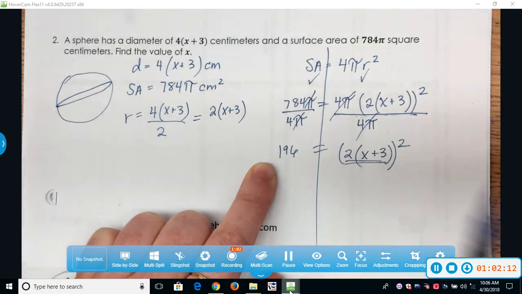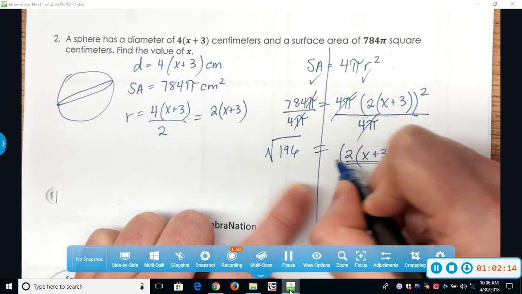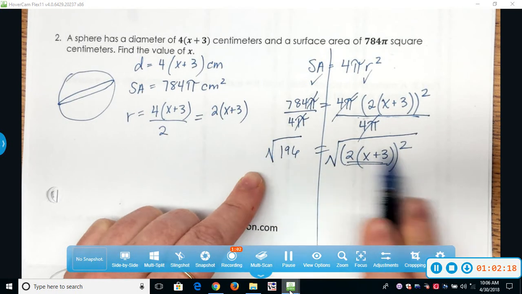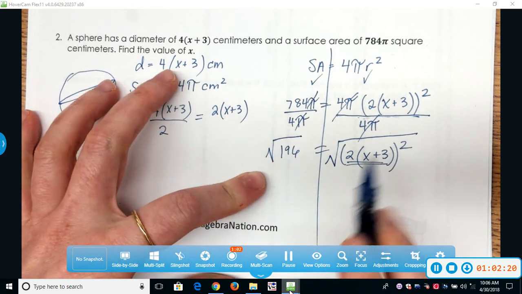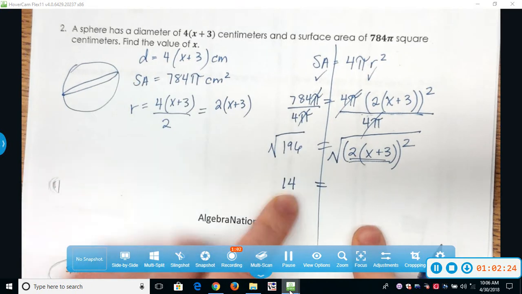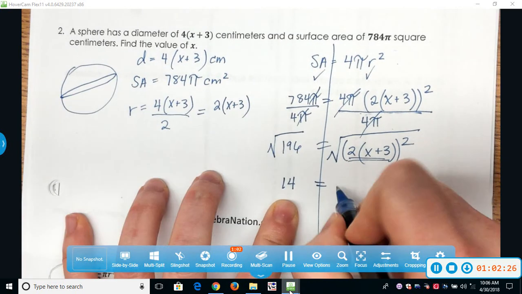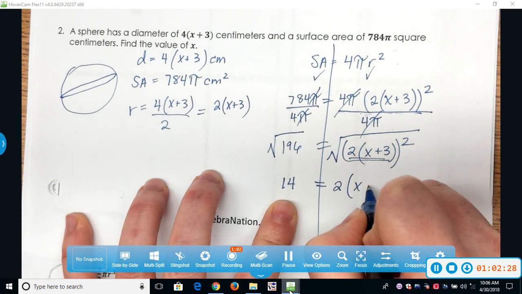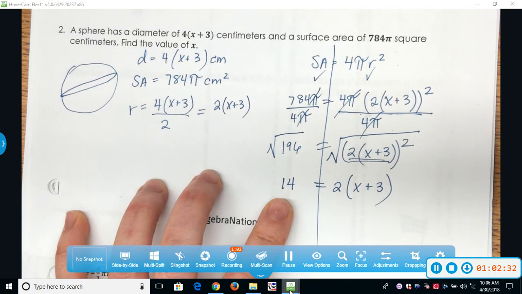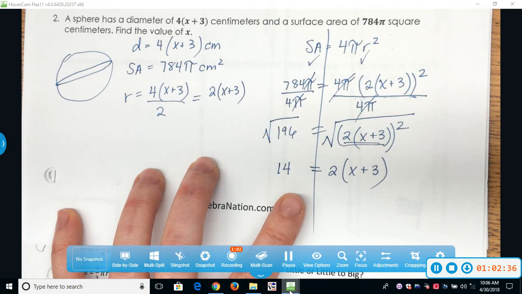See how it's a perfect square? I can alleviate some of this mess by taking the square root of both sides. All right, so 196 is actually 14 times 14, so it is a perfect square. And now what I'm left with is this. Oh my gosh, I just saved you about 10 minutes of annoying algebra. You're welcome.